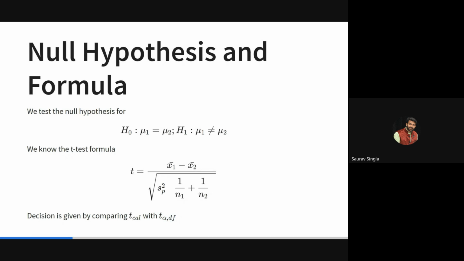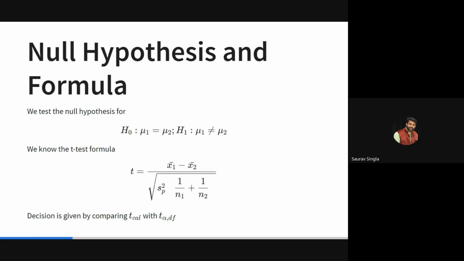I won't go much into what the T distribution is, but you need to know that whenever we calculate any statistic, whether T statistic, Z statistic, or F statistic, they have their own distributions. T has its own distribution, chi-square has its own distribution, F has its own distribution.